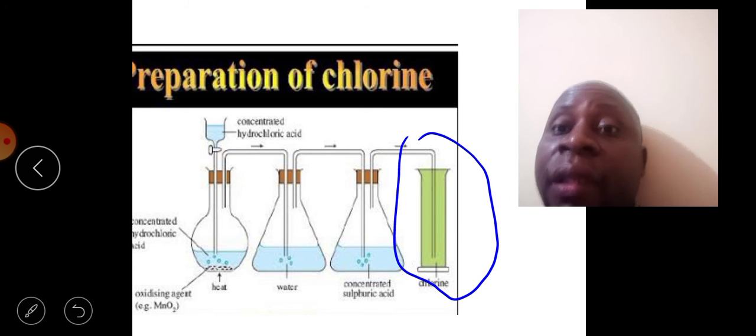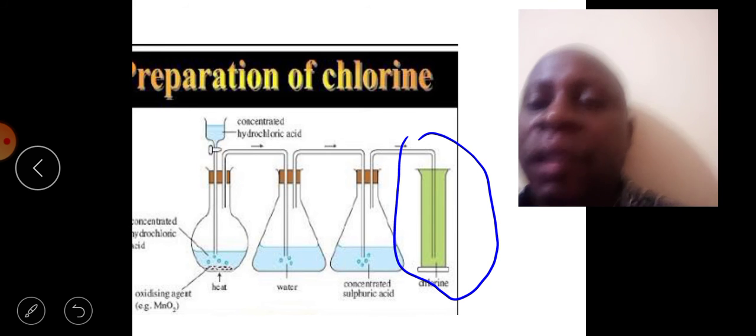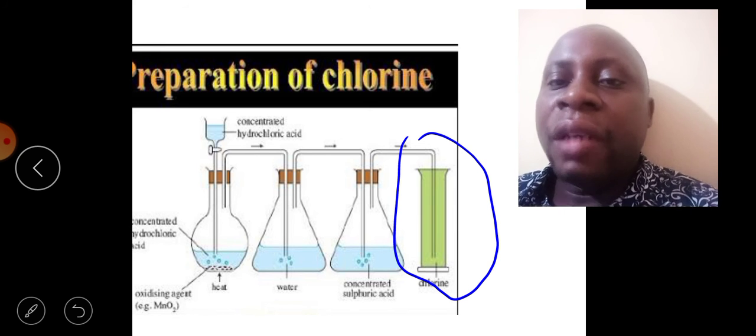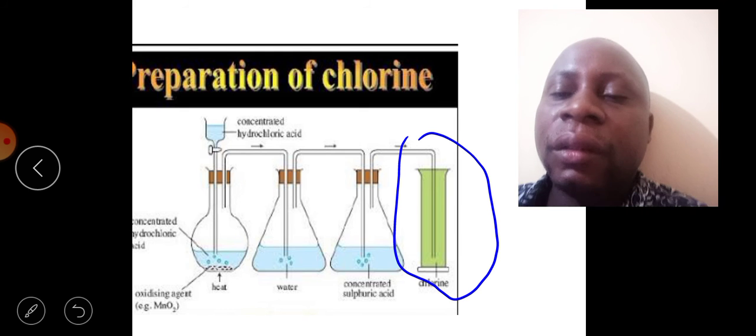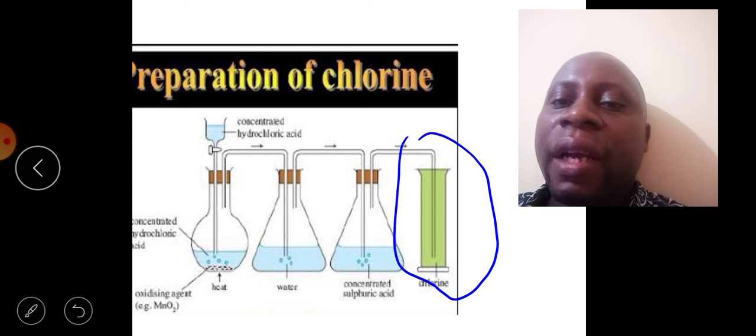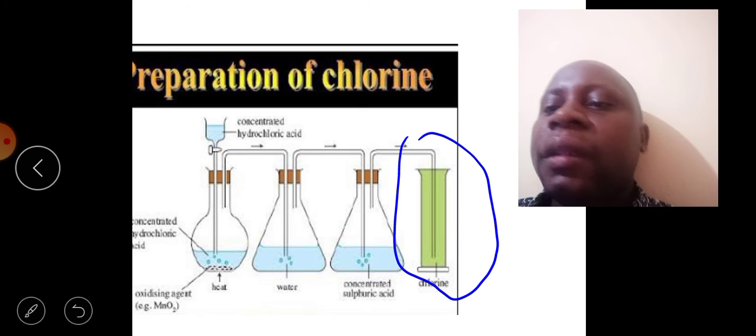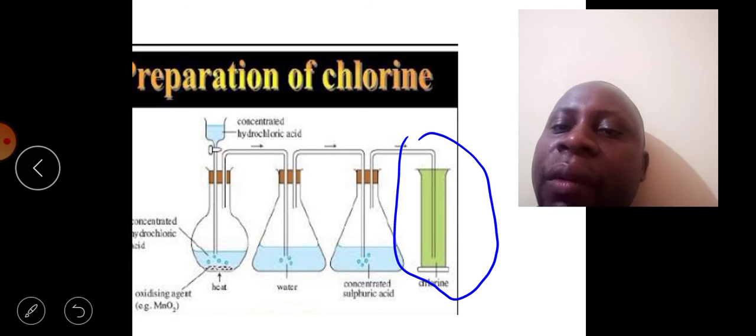As you can see in the diagram, the color of chlorine gas is green-yellow in color. Some of you will say it is green in color. But in a nutshell, chlorine gas is green-yellow gas. It is bad to say greenish-yellow. It is recommended that you say it is green-yellow in color. Okay? Good. So this is the setup that we can use to prepare and collect chlorine gas.